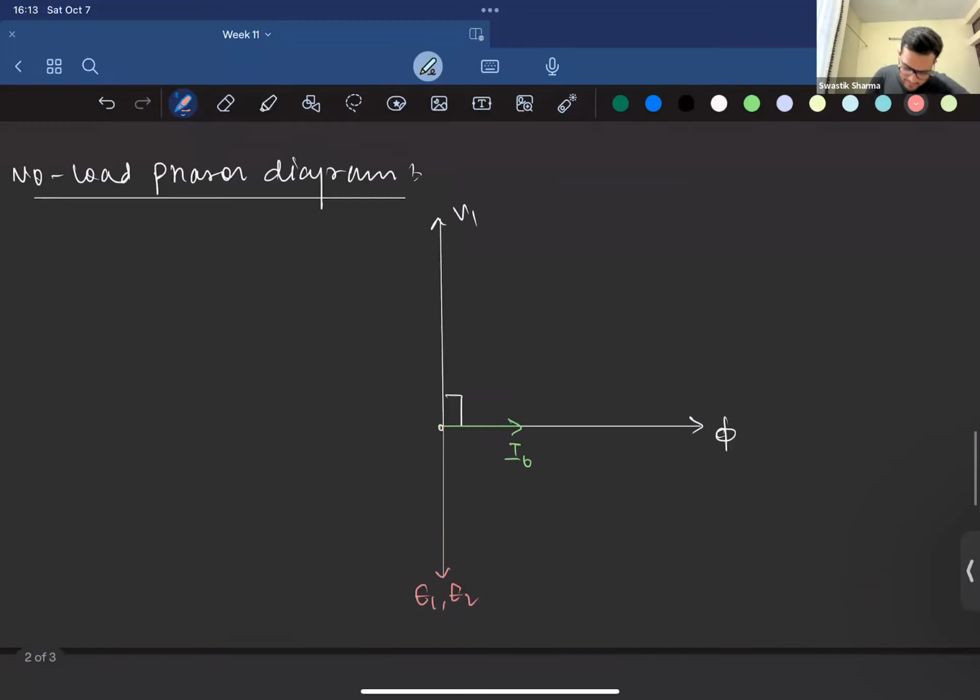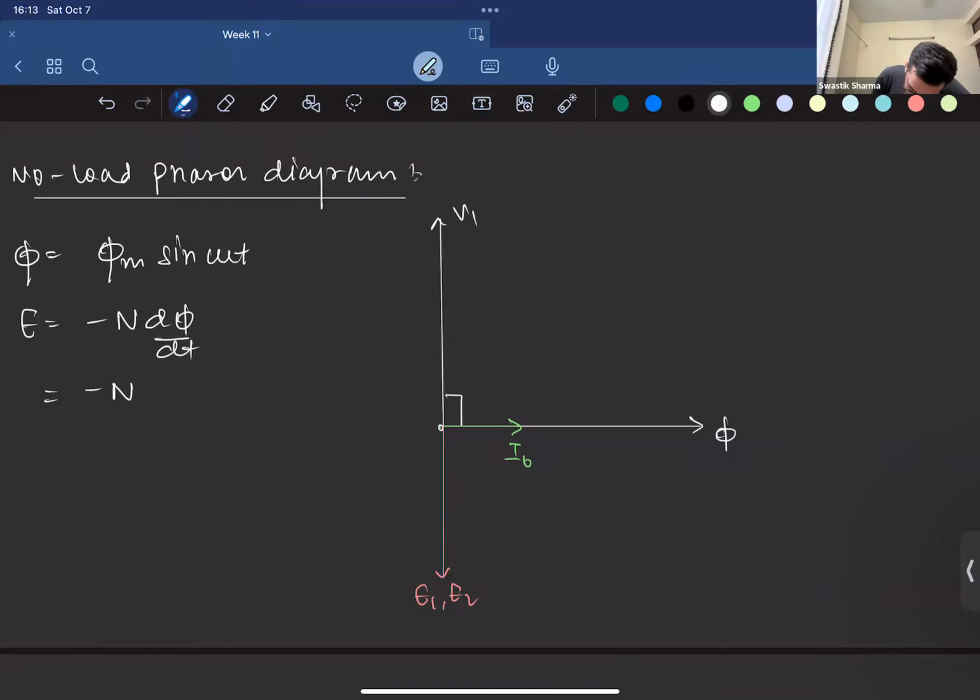Let's say, for example, we have a flux phi, which is nothing but phi m sine omega t, right? Now we know that the induced EMF is given by the application of Faraday's law and Lenz's law, right? So E is what? Minus n d phi by dt.